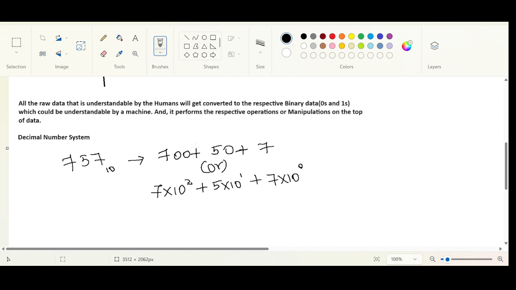What do I mean by that? Initially it is 10 to the power of 0, the second placeholder has 10 to the power of 1, and the third placeholder has 10 to the power of 2. The significance of the power is increasing.